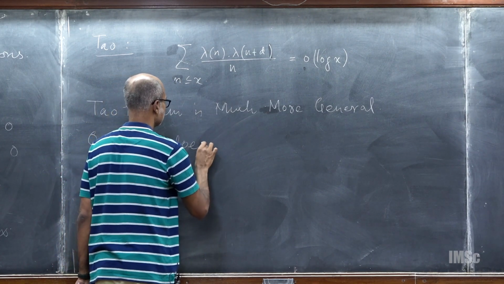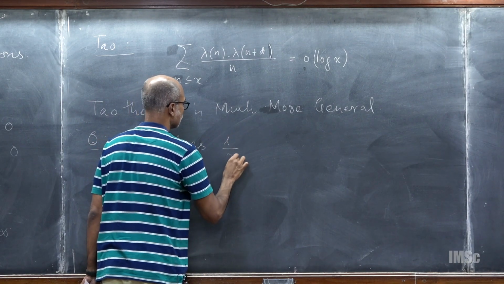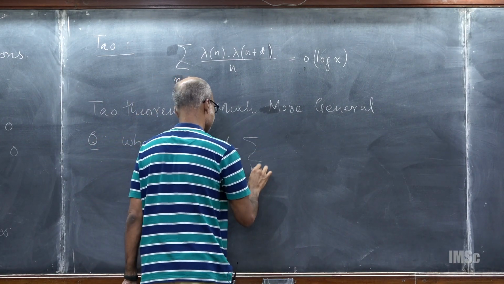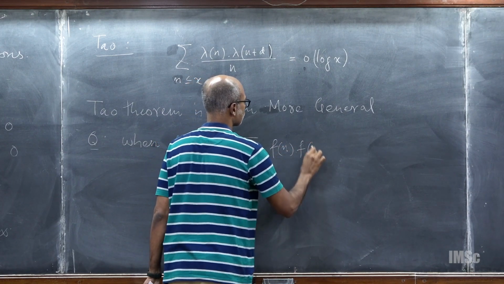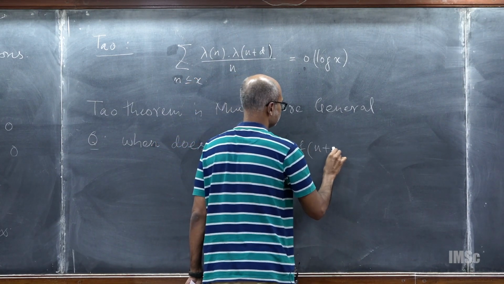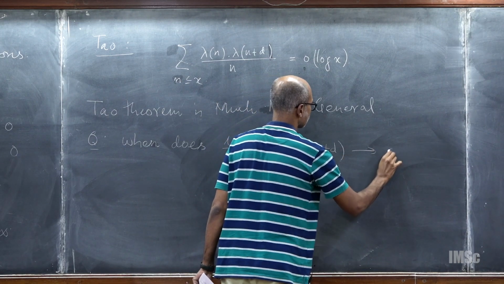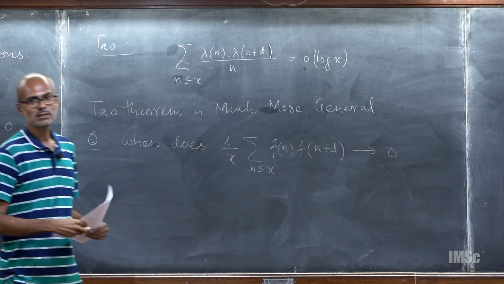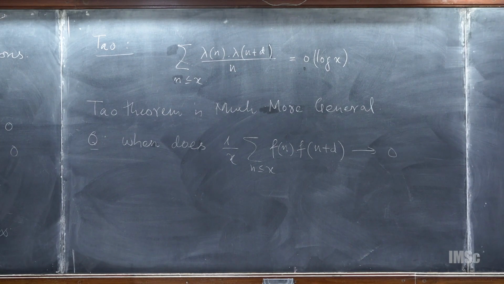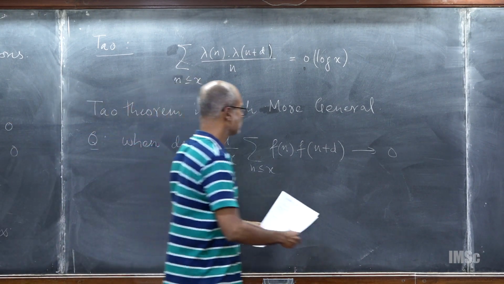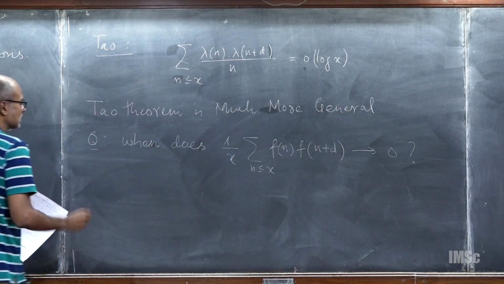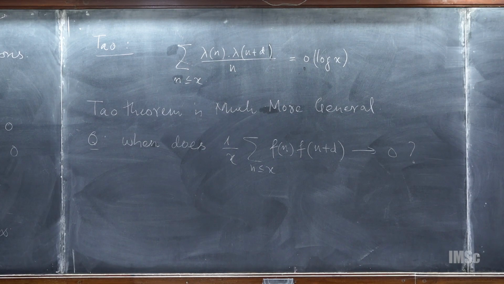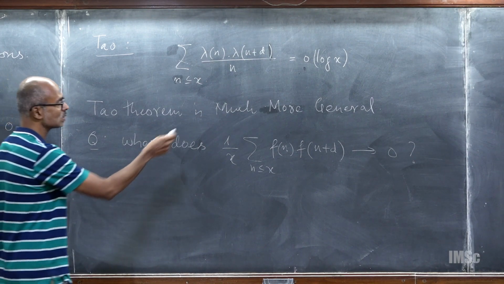When does this average, 1 over x times the sum, go to 0? In other words, we are asking what kind of functions make this go to 0, and what are the counterexamples where it does not happen?